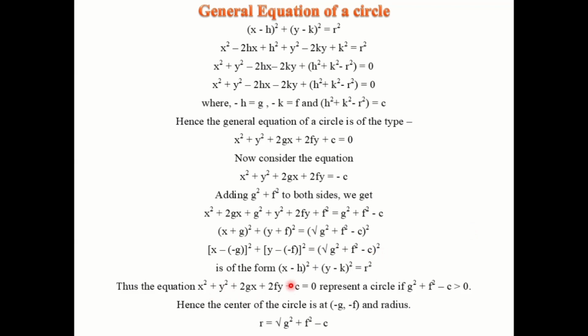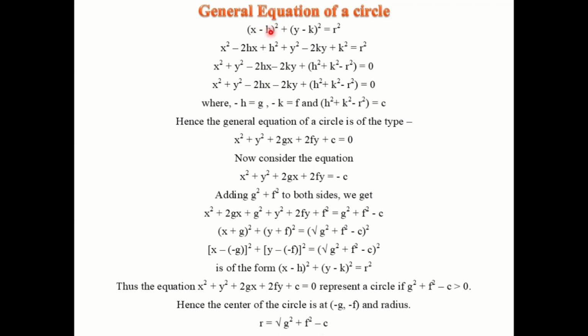Now this equation is in which form? Center radius form. You can see here (x minus h) squared plus (y minus k) squared is equal to r square. That means the center will be (minus g, minus f) and the radius will be square root of g square plus f square minus c. This is the general equation of circle.